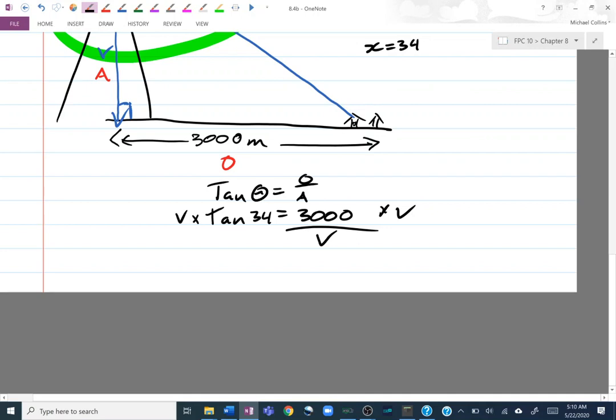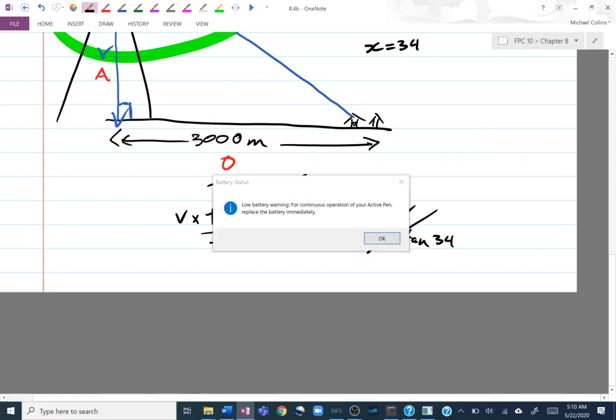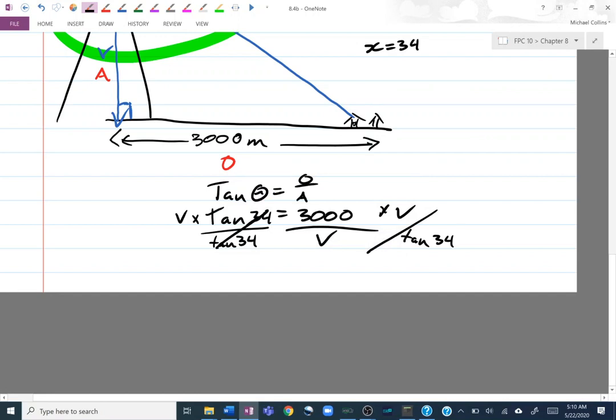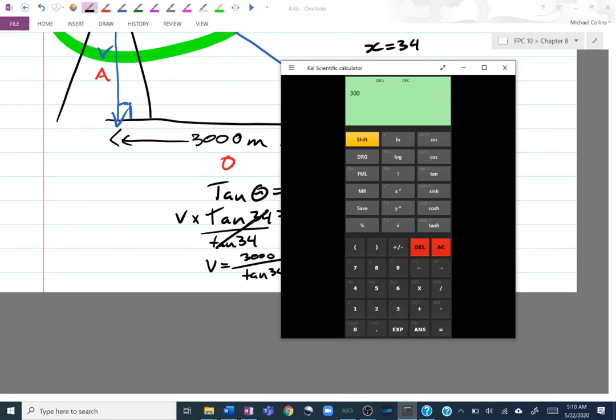And then divide both sides by tan 34, and I end up with V is equal to 3000 divided by tan 34.